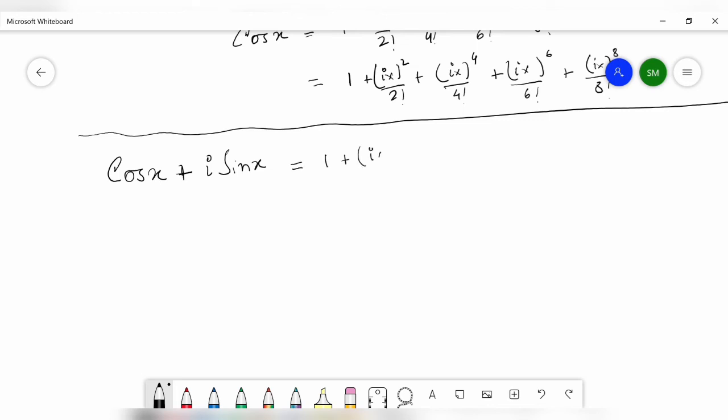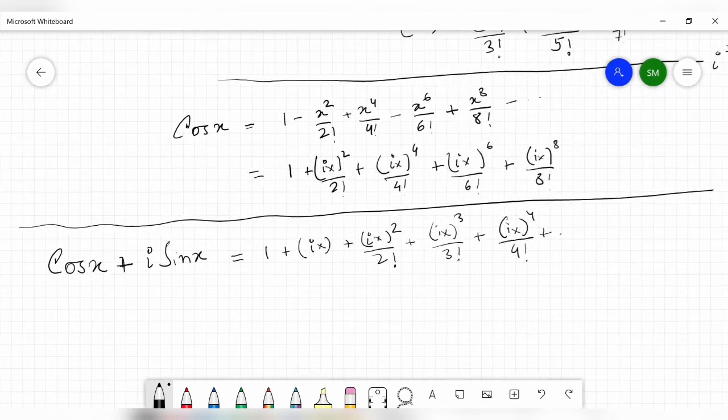Rearranging, you would get something like 1 plus ix plus (ix) squared divided by 2 factorial plus (ix) cubed by 3 factorial plus (ix) to the power 4 divided by 4 factorial, and so on, right?